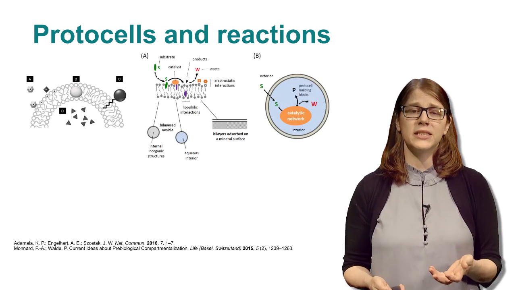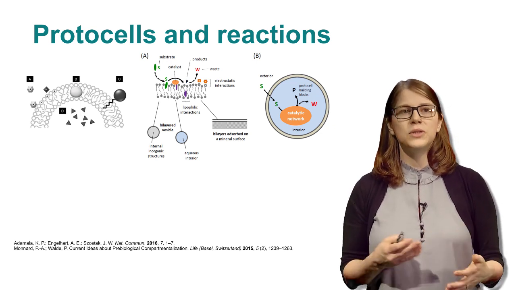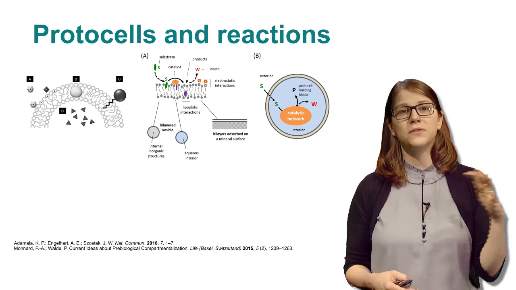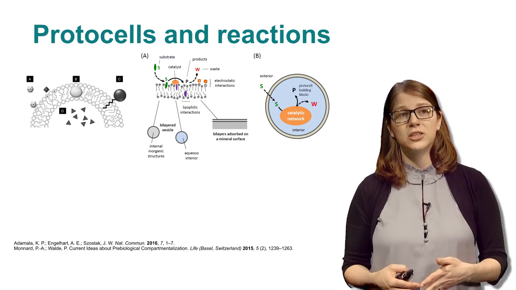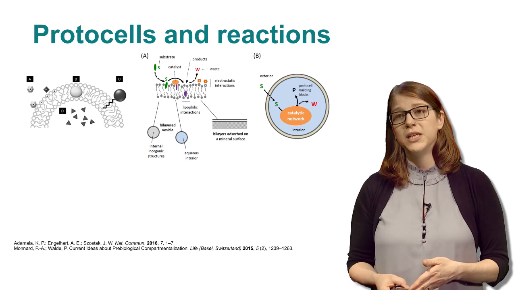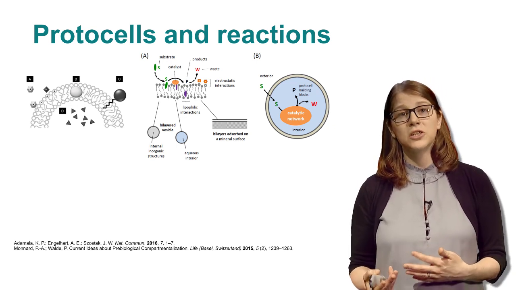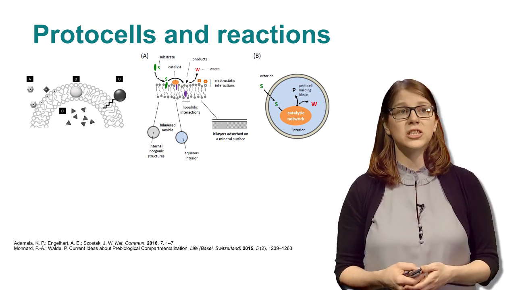So what do these membranes really do to our prebiotic reactions? We can have two types of reaction. The first is a membrane-associated reaction, or a surface-associated reaction. So in these reactions, S is the substrate, shown in green. Our product is black, and presumably the product would be useful to the protocell in some way. Maybe it stabilizes the structure, maybe it's a metabolic or a genetic component that can then catalyze new reactions.